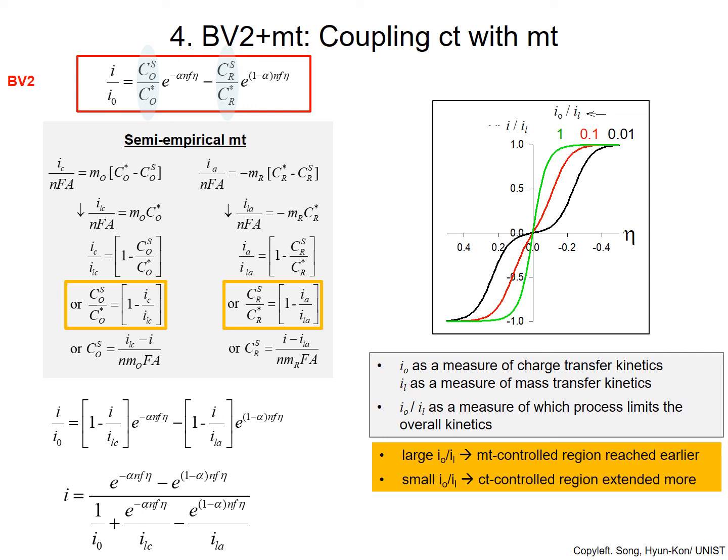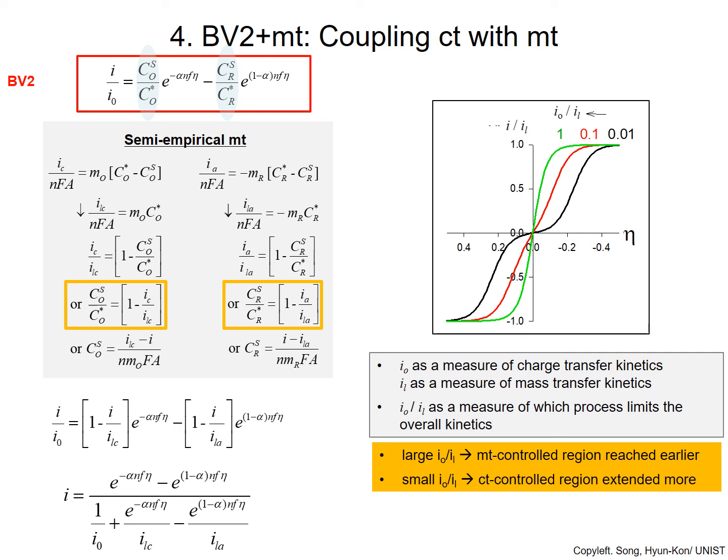So the overall process can be limited by mass transfer. The Butler-Volmer equation could cover the first region and the second region, that is to say, the linear region and Tafel region. However, the Butler-Volmer equation cannot cover the mass transfer limited situations because we didn't consider the effect of mass transfer on the overall current.